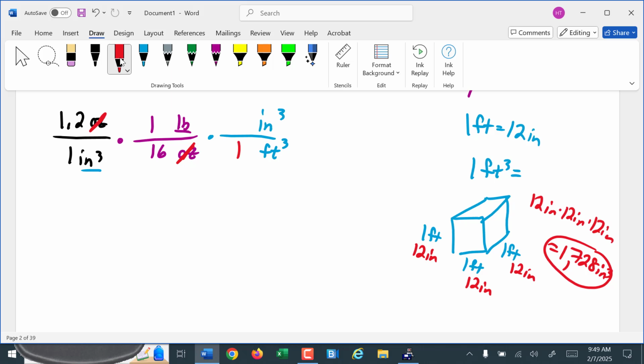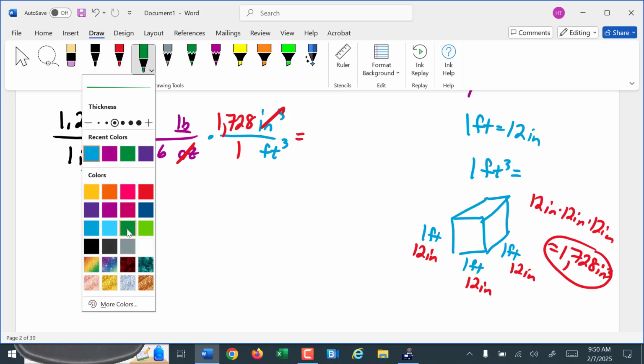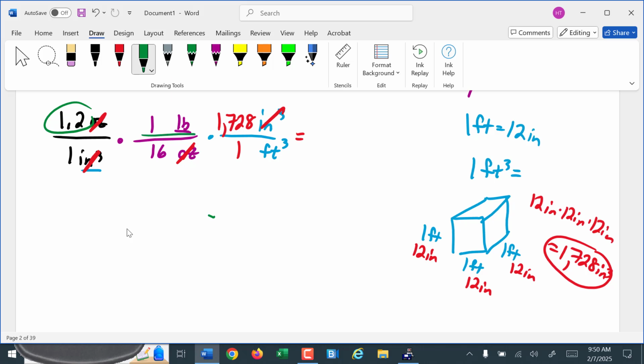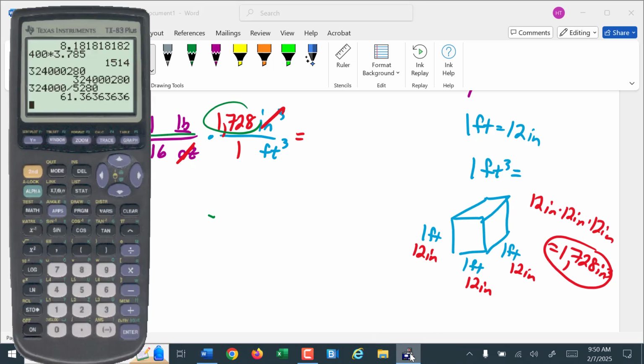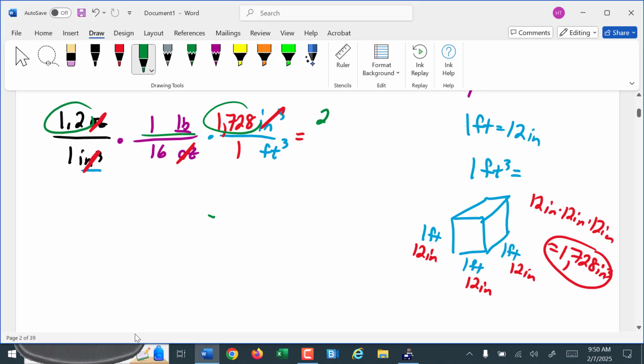So 1 cubic foot is 1728. So the cubic inches cancel out. On top, we'll have to multiply the 1.2 times 1 pound times 1728. So 1.2 times 1728, 2073.6.